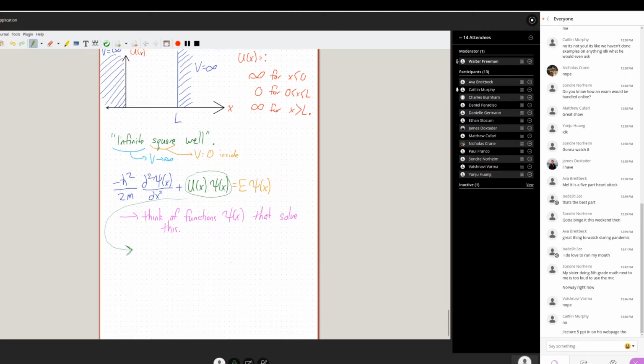Exactly. So where u equals infinity, psi must be 0 to avoid badness. All right, so now our function is constrained.